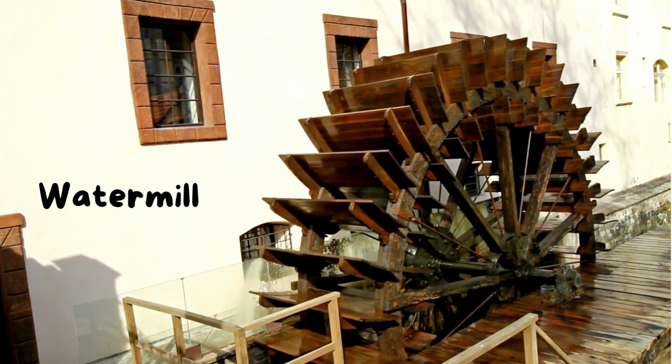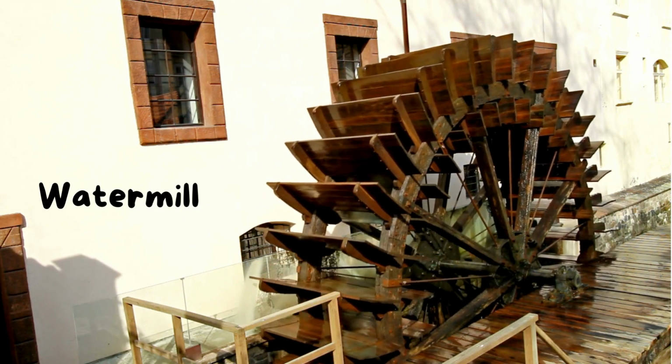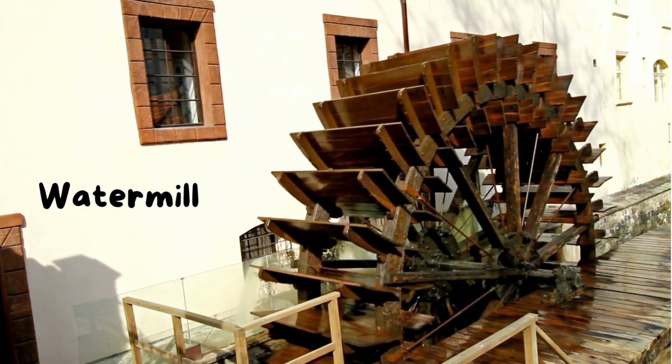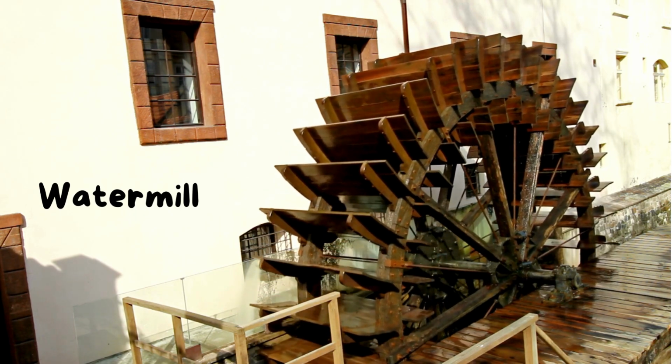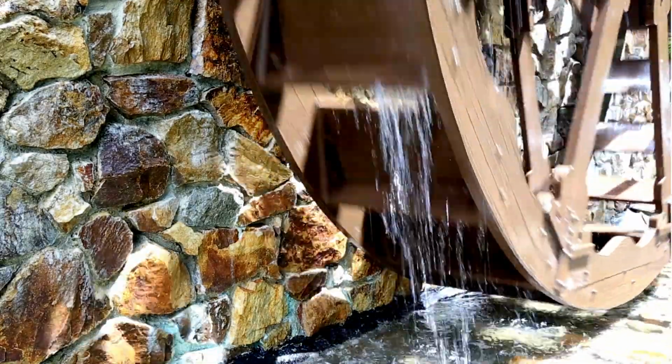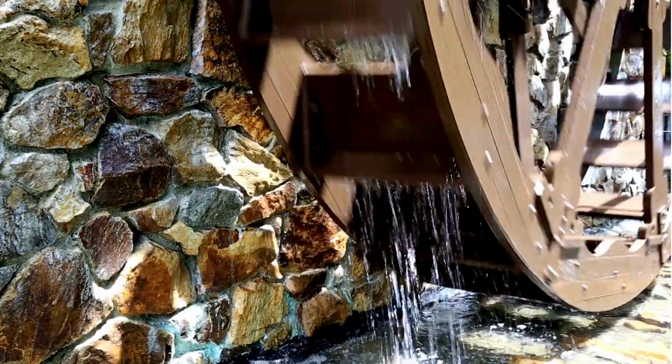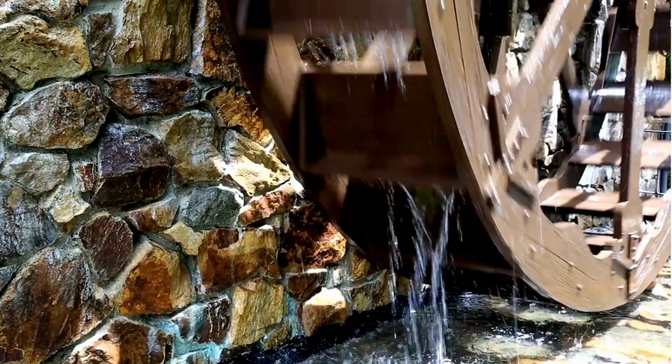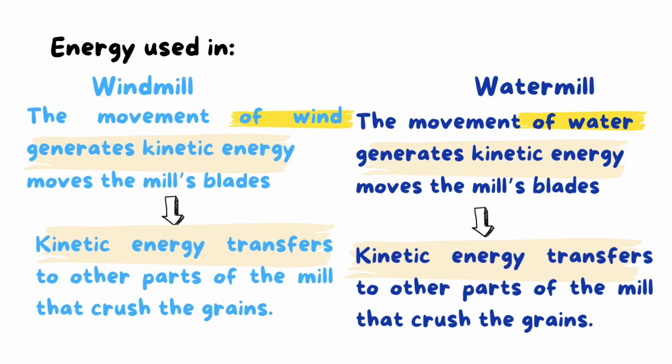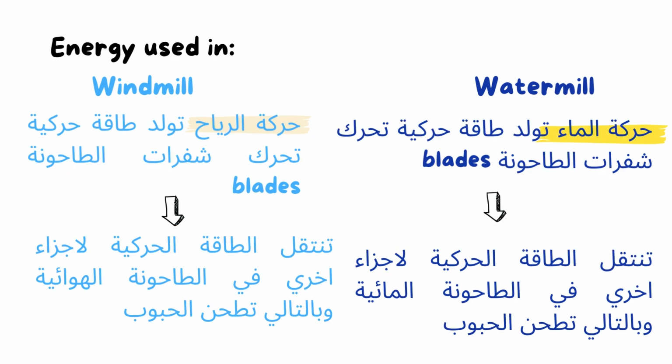Also in the water mill, it is the same. As you see here, this is the water mill, and here is a closer look at the water mill. So we can describe the energy used in the windmill and water mill. In the windmill, what happens? The movement of wind generates kinetic energy that moves the mill's blades, as we saw.